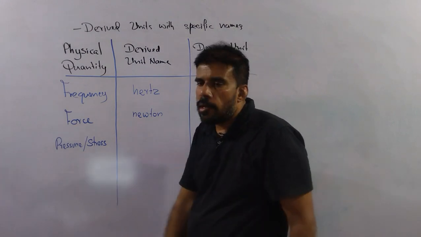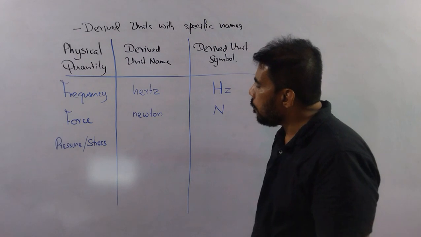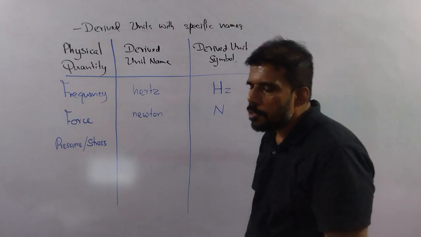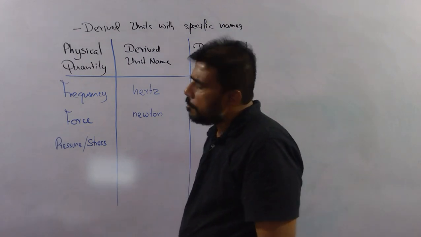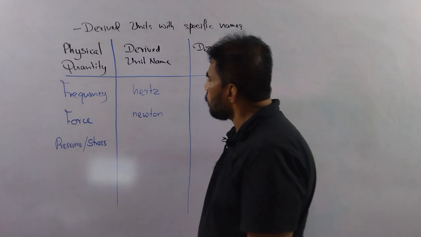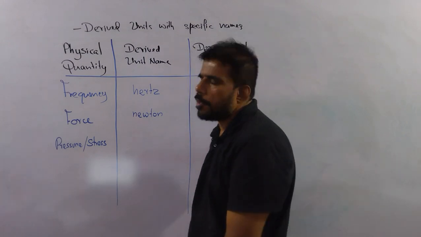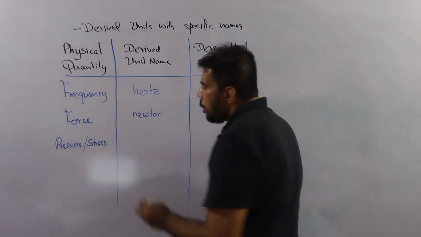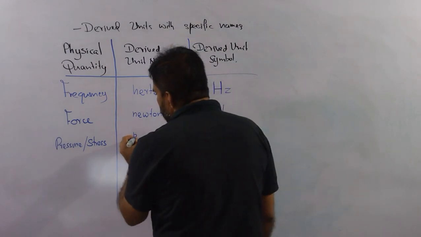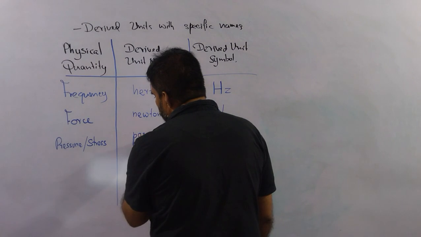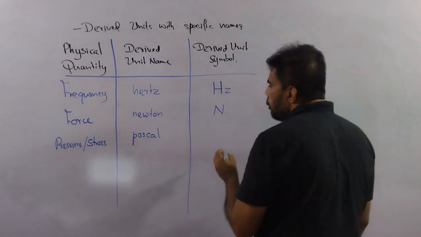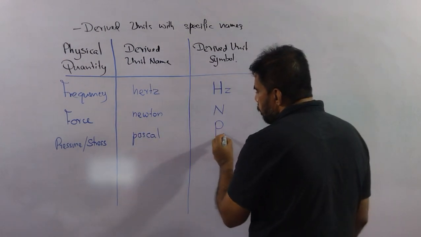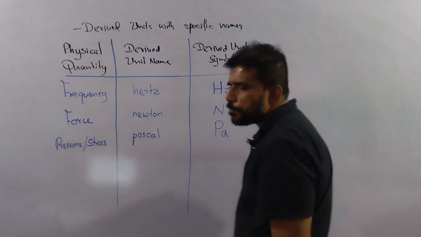Both are equal forms of physical quantity, but the application area might differ. That's why I use both terms. The unit name is Pascal, and its symbol is capital P, simple a.